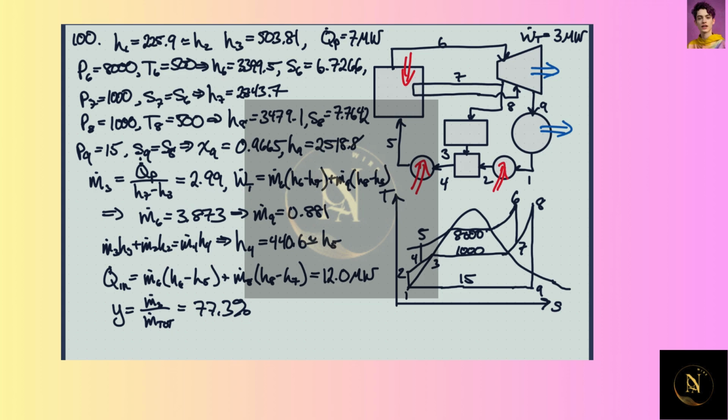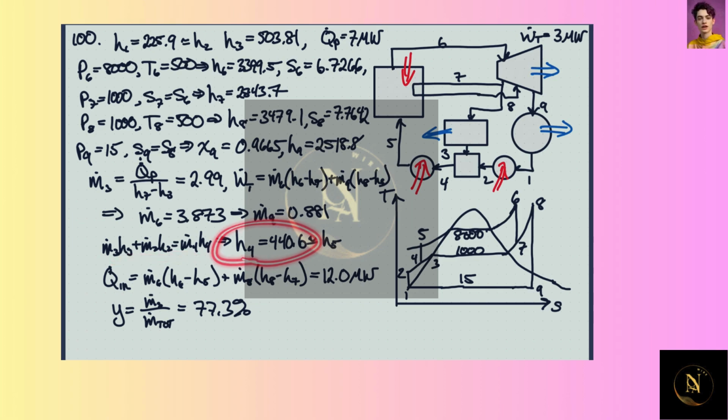Oh, and I forgot to put in, we're getting some heat out of the process heater too. Now, let's do an energy balance on this mixing chamber here. We know everything in here but h4.